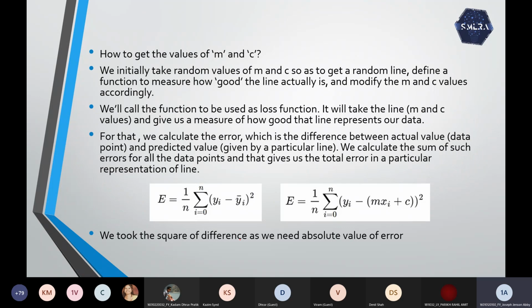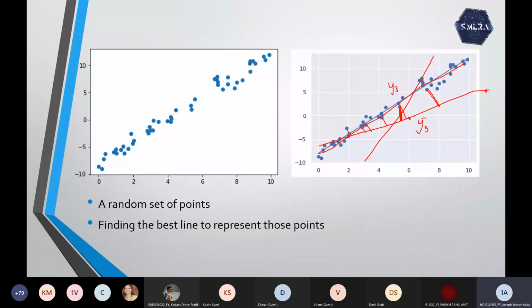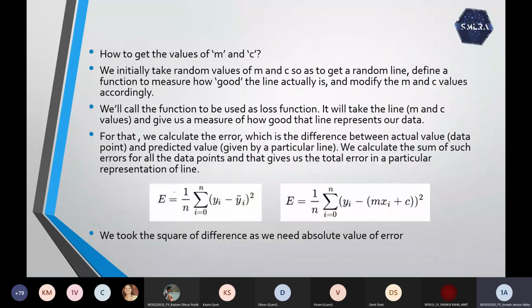We take yi minus yi dash, that is, the y coordinate of the data point minus the predicted y value, and we square it so that our error does not become negative. We are only interested in the positive values. We do this for all the data points, for each and every value, not for just one value. That's why we have a summation here. We do this for all the values and take the average, so we divide it by n.